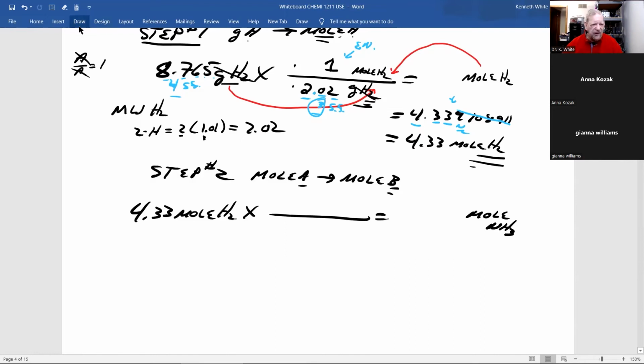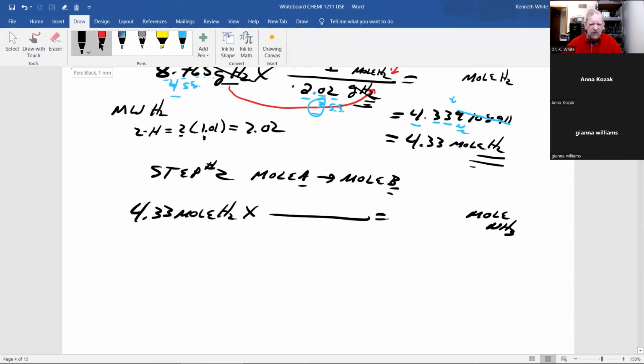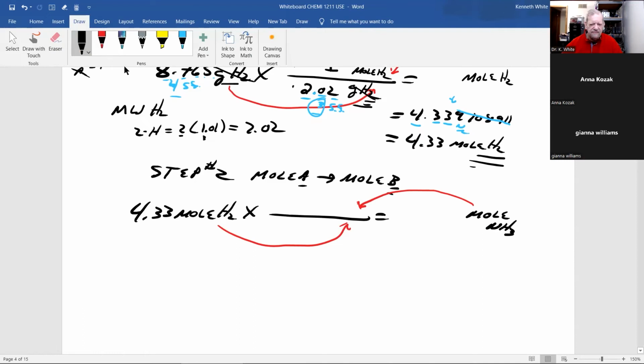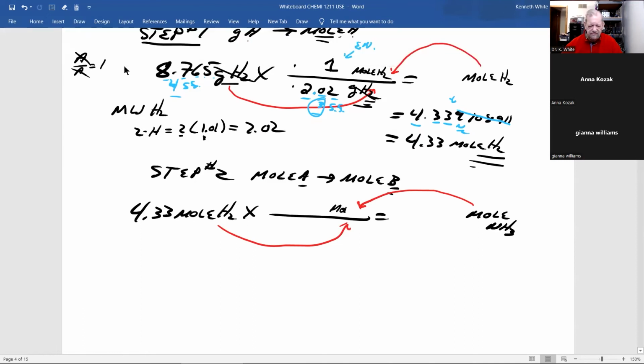And now we'll use our good friend, unit analysis. Whatever we're trying to get to goes on top of this ratio. Whatever we're trying to get rid of goes underneath. And now I'll write those in. And notice, where do I get a ratio of moles of one compound, ammonia, to moles of another compound, hydrogen?